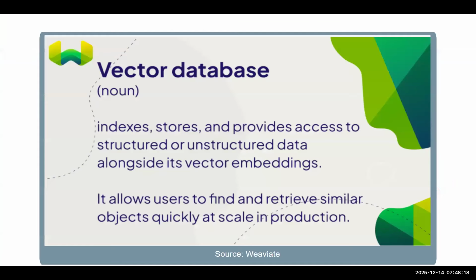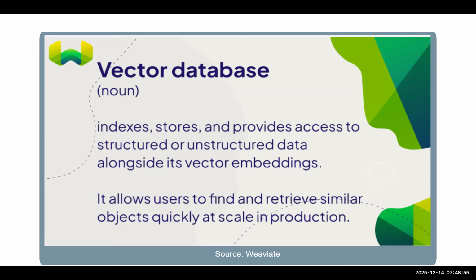All right. So what is a vector database? A vector database is kind of similar to normal databases that we talk about, but it has a capability to index, store, and provide access to structured and unstructured data alongside its vector embeddings, which means you can store the vector embedding and you can also store its corresponding structured or unstructured data, which means your text, right?